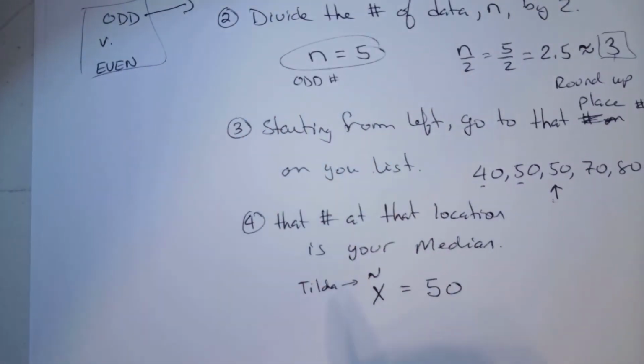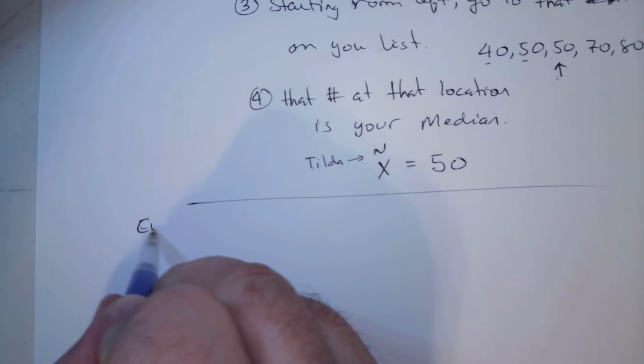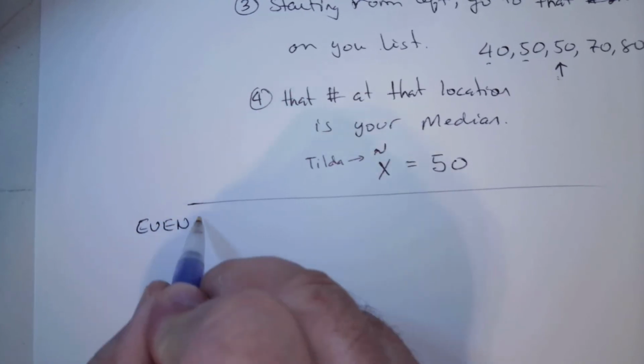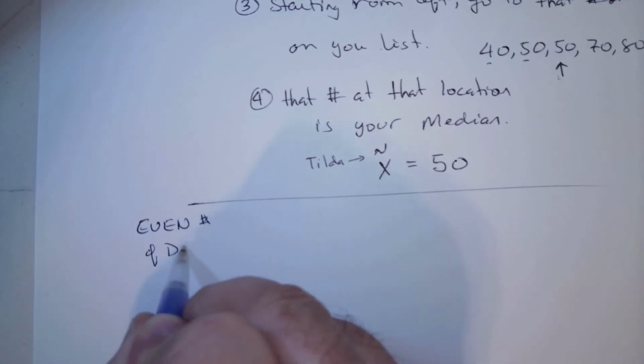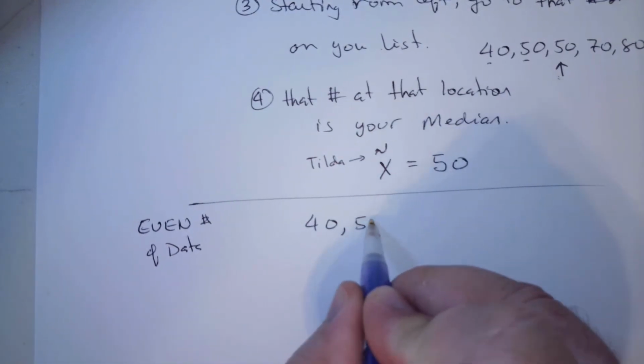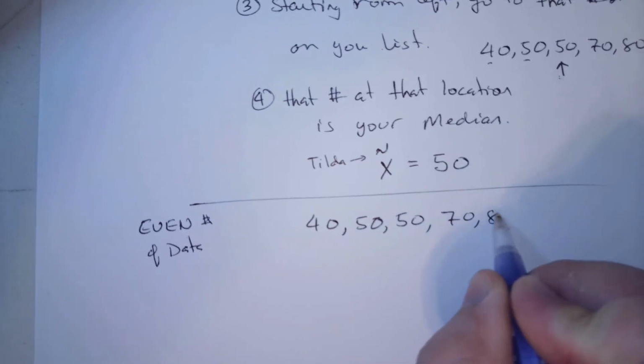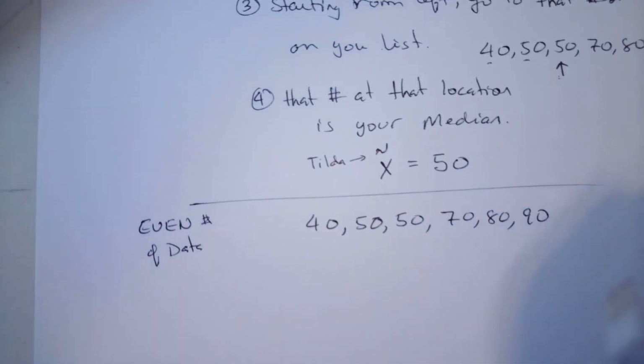All right, so that was with odd numbers. Let's look at it with an even number of data. So we'll use the same basic numbers, 40, 50, 50, 70, 80, and we'll put one more in there, 90.